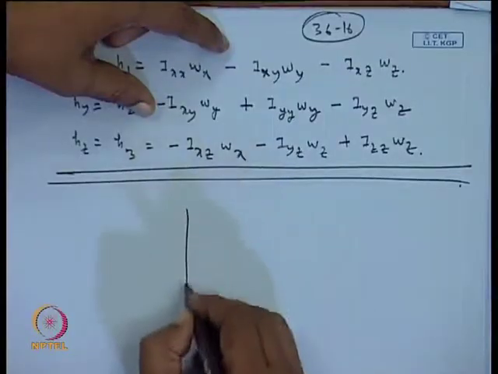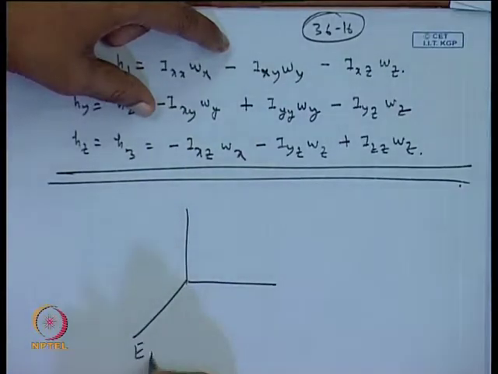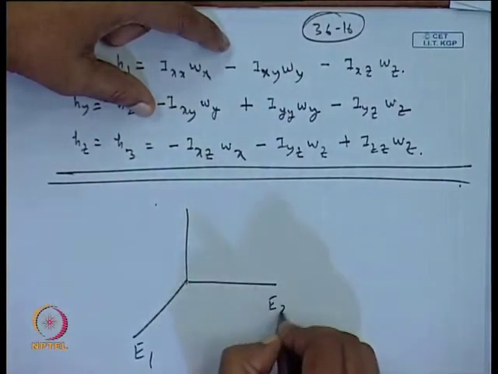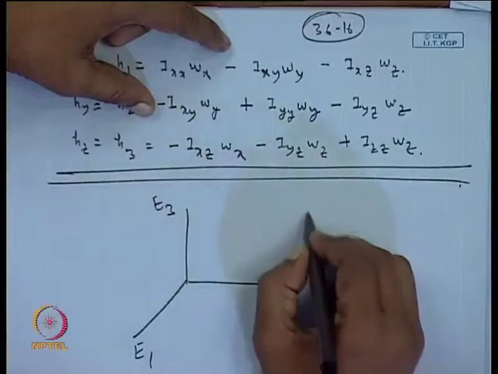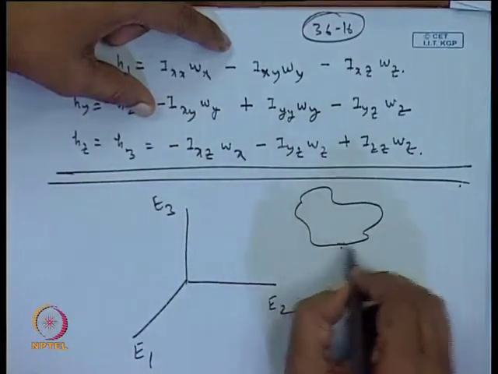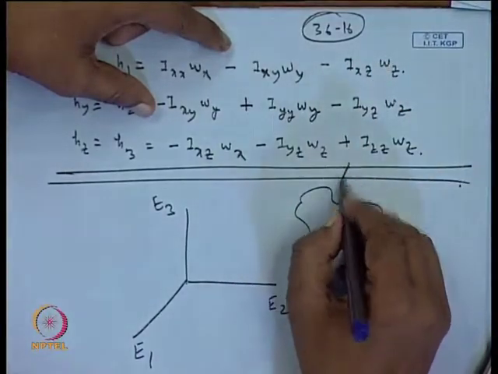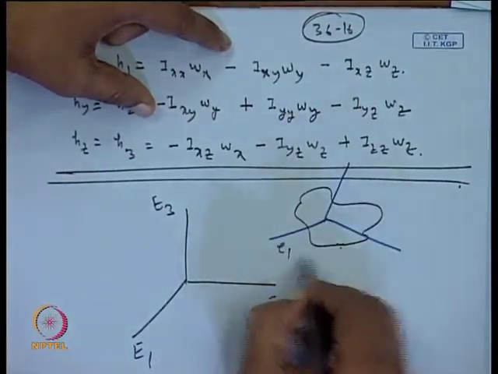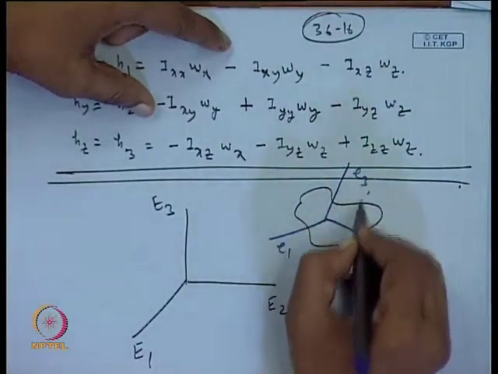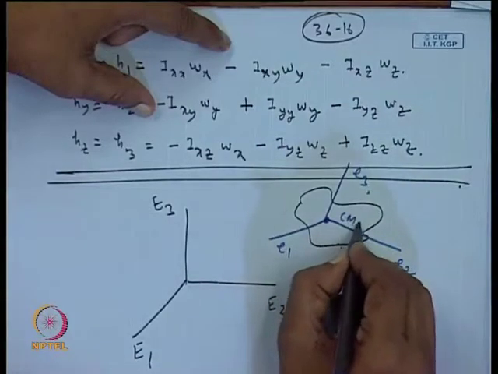So, we say we have the inertial axes here E1, E2 and E3, and I have a body here in which a set of axes E1, E2 and E3 are fixed. This is the center of mass.